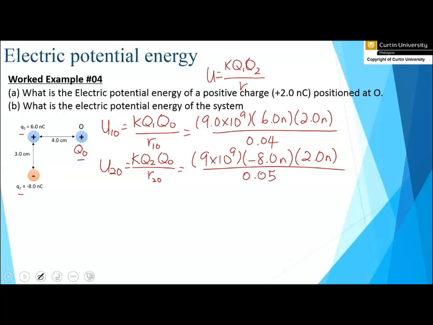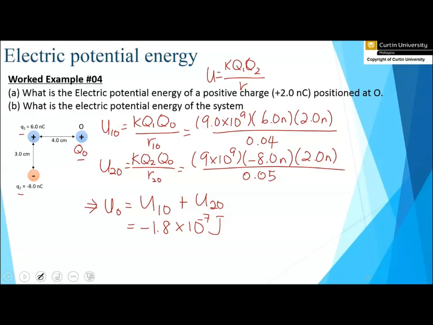So the energy experienced by your QO, because QO is only interacting with Q1 and Q2, is equal to the potential energy between 1 and O plus the potential energy between 2 and O. That will give you negative 1.8 times 10 to the power of negative 7 joule.